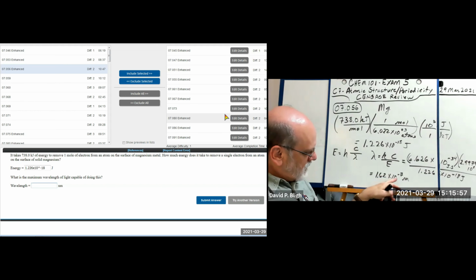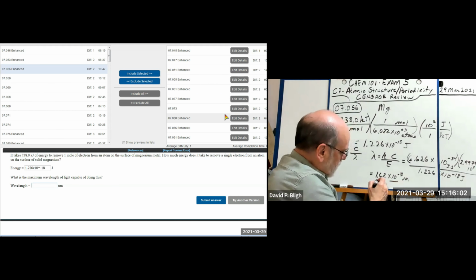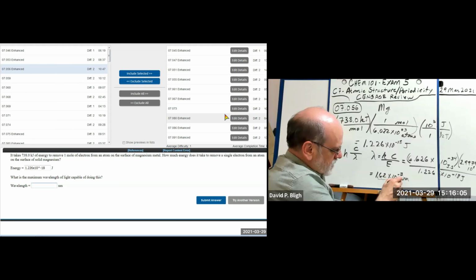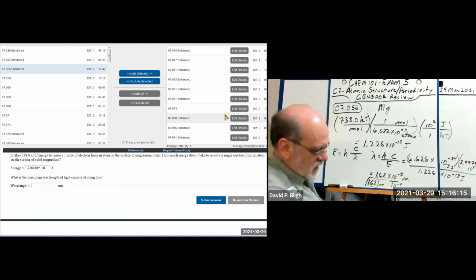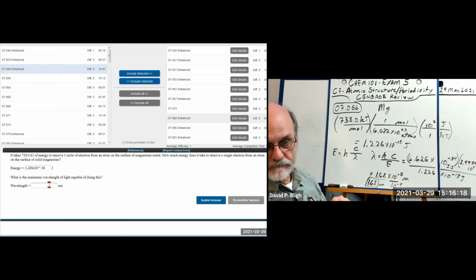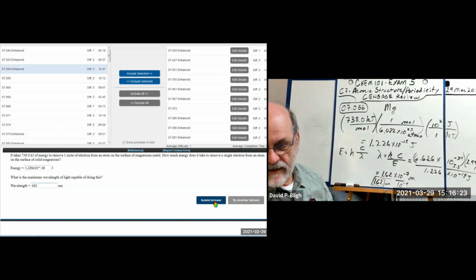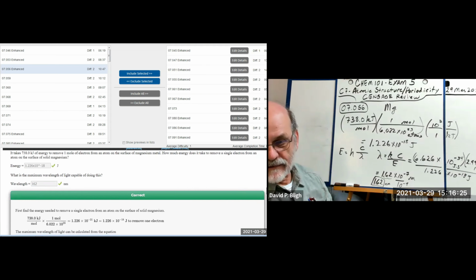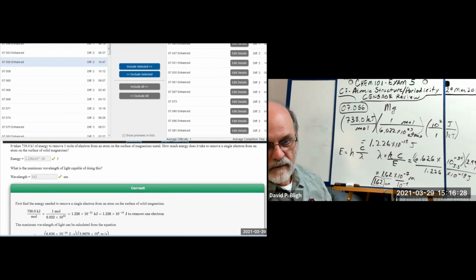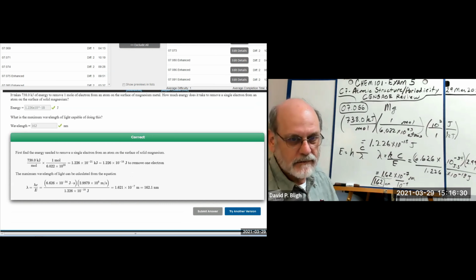So, in order to be 10 to the minus 9th here, we move this 2 to the right. That gives us 162 nanometers. Let's see. It liked it. Liked it a lot. Okay.